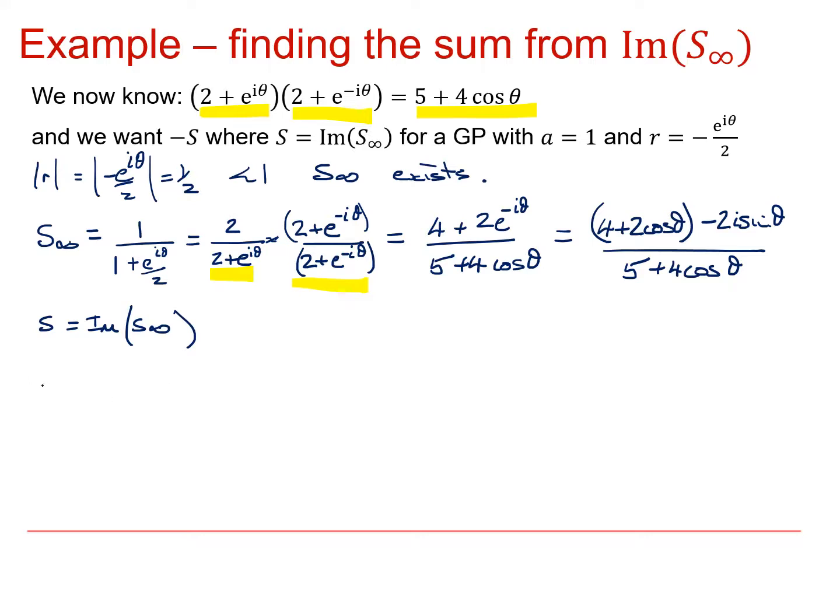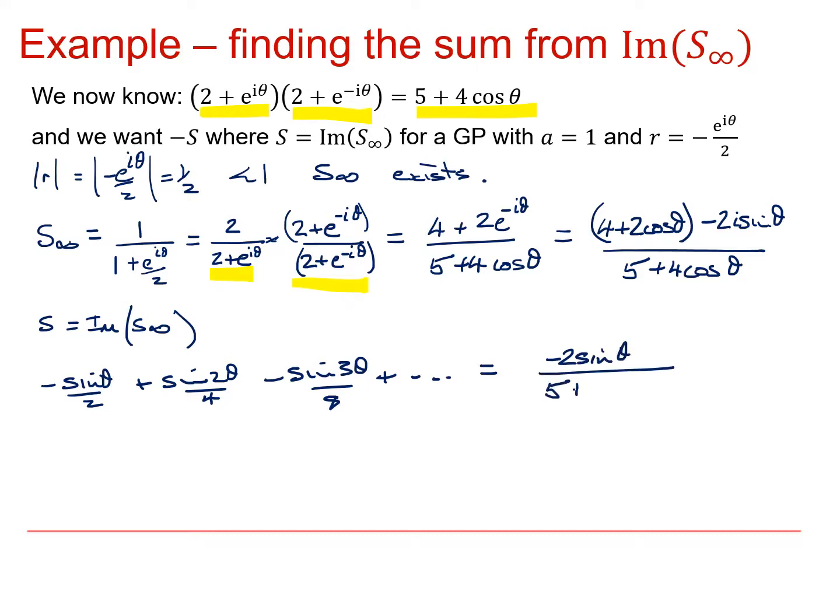So I'm going to get that my minus sine theta over 2 plus sine 2 theta over 4 minus sine 3 theta over 8, etc. is equal to the imaginary part of this, which is just going to be minus 2 sine theta over 5 plus 4 cos theta.